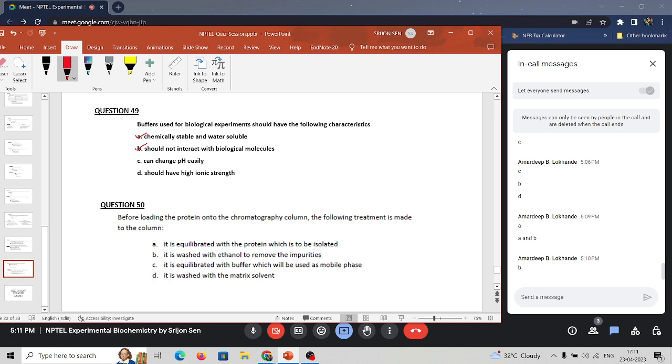Then after your experiment is done, you wash it with ethanol, and then you get your protein in hand, and the experiment is done. So yes, question number 50C is the right answer, that you are equilibrating with buffer which is used as the mobile phase.